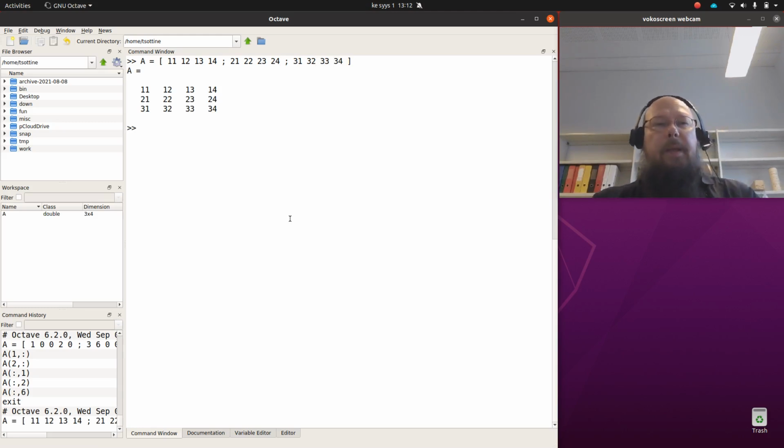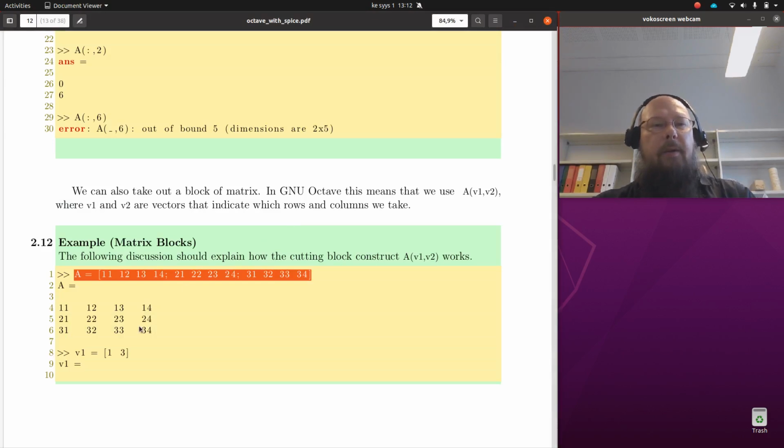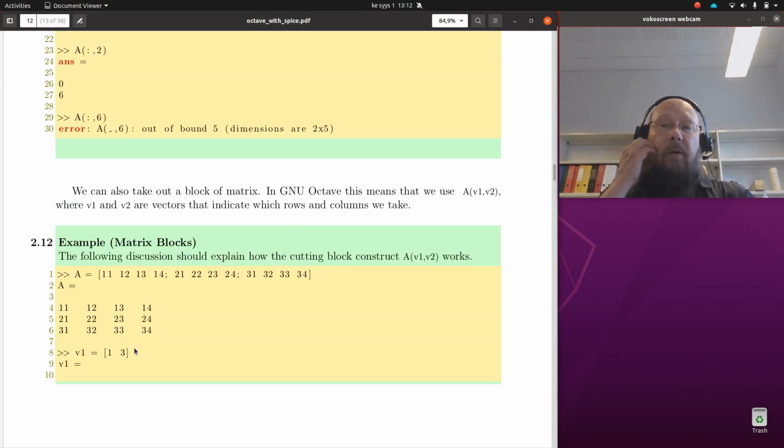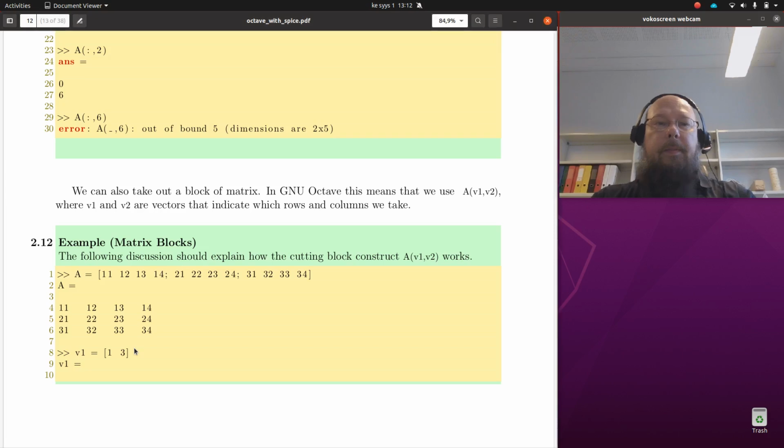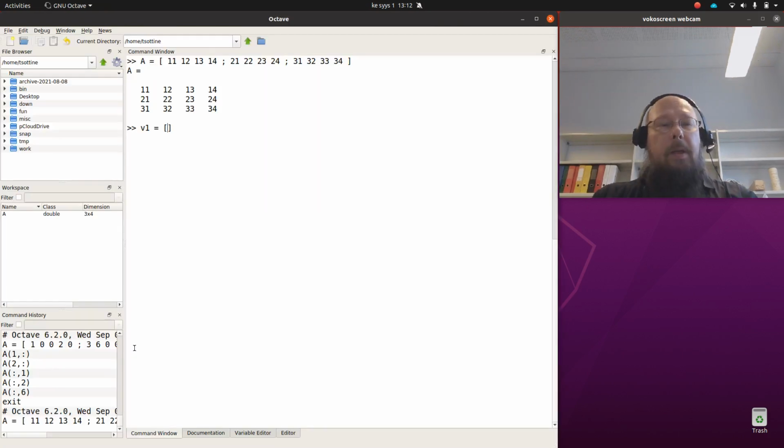And what happens next? Now I define 2 vectors. So what is the vector? Vector is of course a matrix that has only 1 row or one column. And if it only has one row, it's a row vector, and only 1 column, it's a column vector. So that's what they are. So V1, I just define this. Now I'm not sure if these will be row or column vectors, we'll see soon. It's just 1 and 3.